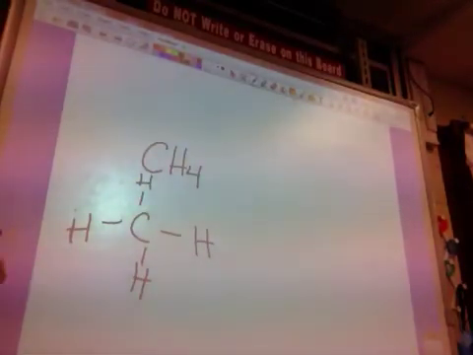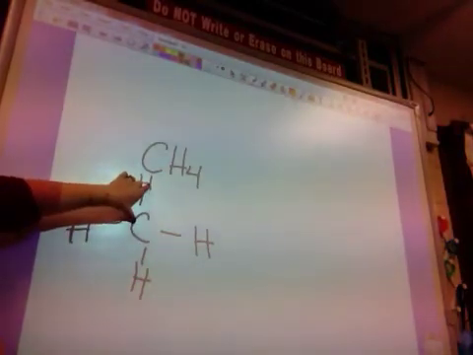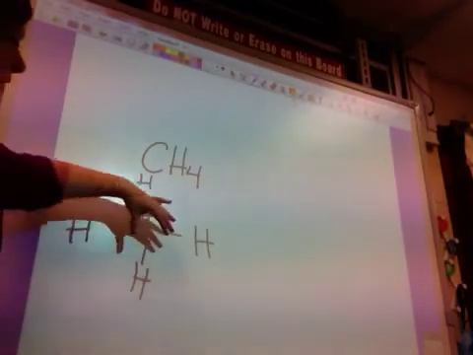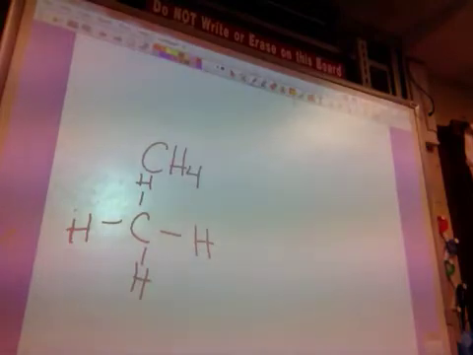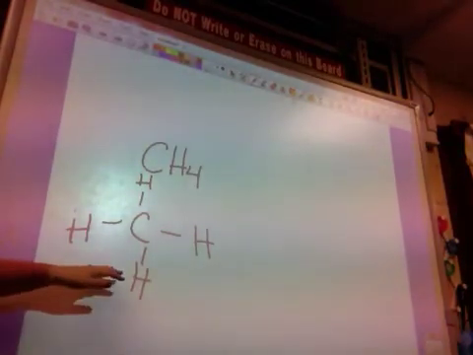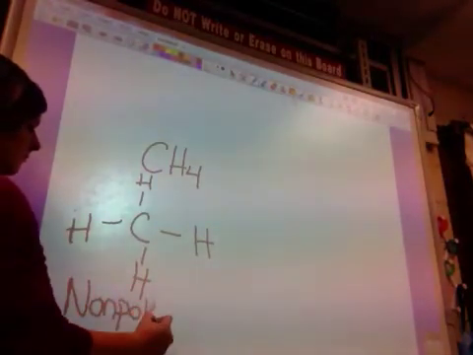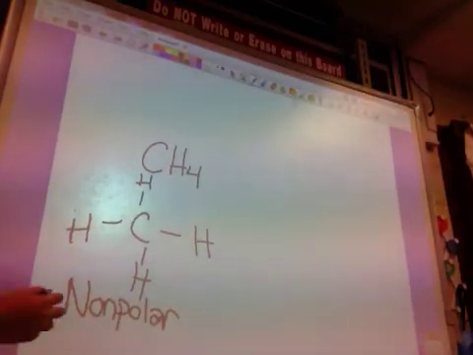When we found their electronegativity difference, we found that this bond here is actually nonpolar. So this is nonpolar, this is nonpolar, this is nonpolar, and this is nonpolar. So I don't even have any dipoles here. I don't have any partial charges that are created in this compound. That makes it nonpolar. Let's look at another example.